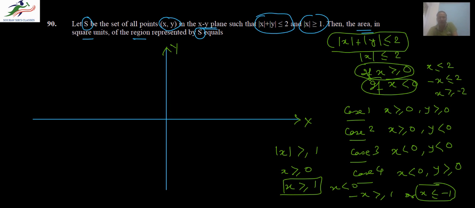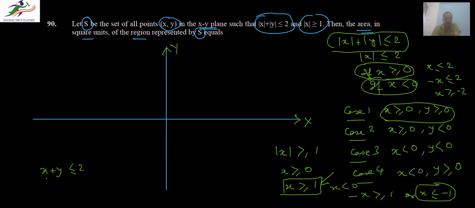So now let's understand how do we find the area. So first let's take the first case. X and y are both greater than equal to 0. Then we will have the other inequality as x plus y less than equal to 2.